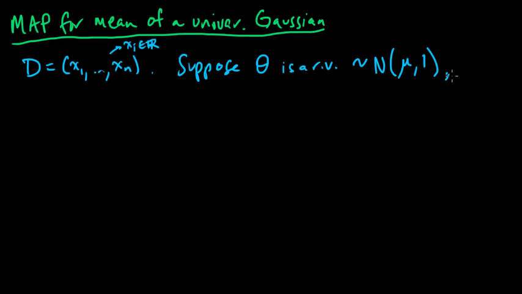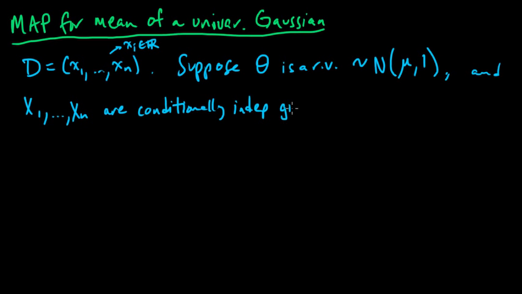And also suppose we have some random variables, x1 through xn, which we will assume are conditionally independent given theta, and conditioned on theta they're distributed according to a conditional distribution, which is normal with mean theta and variance sigma squared.